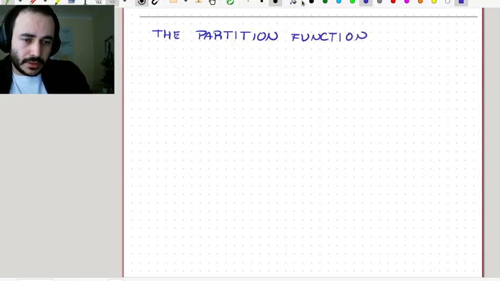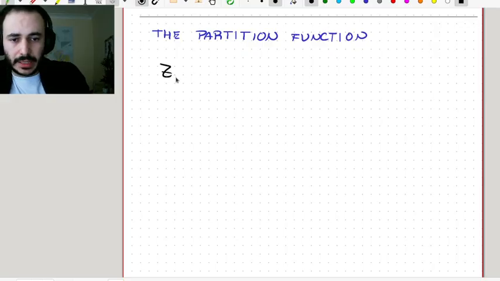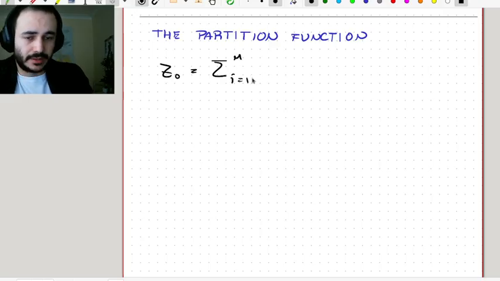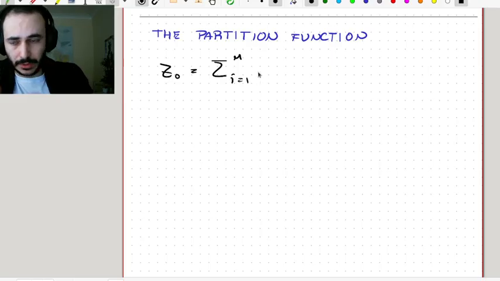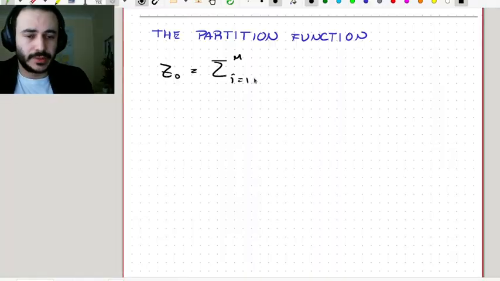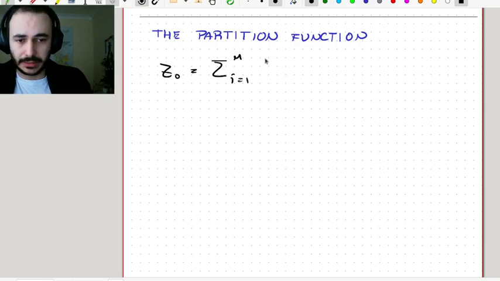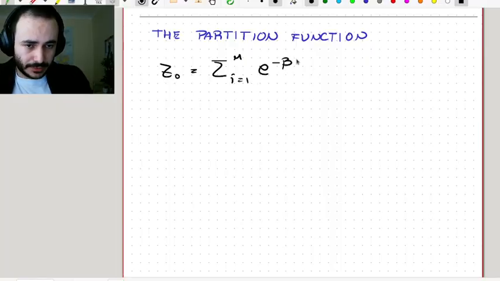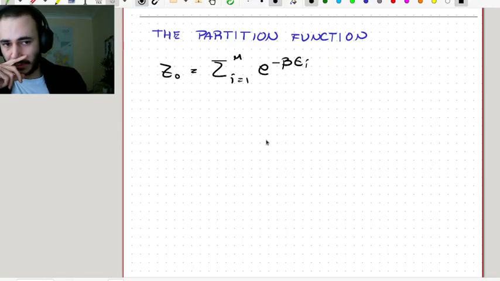Usually you denote this by Z, and Z is defined as the sum from 1 to m over all the states of your system, or, in the classical Boltzmann language, all the cells in the single particle phase space of my non-interacting many component system. So this is the sum of e to the minus beta E_i. That is the thing that I'm going to call the partition function.